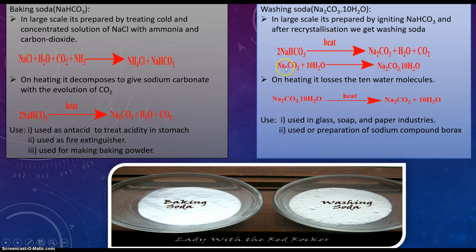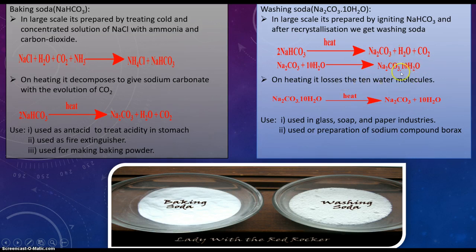And if the sodium carbonate that is formed in the first process is recrystallized, that means if it takes some water molecules, then it would form the compound washing soda, Na2CO3 10H2O. Okay, so these water molecules are called water of crystallization, that we would discuss later on.